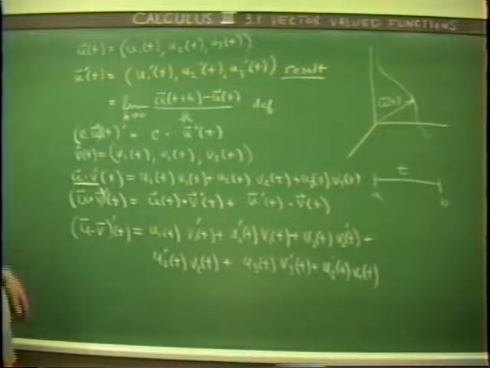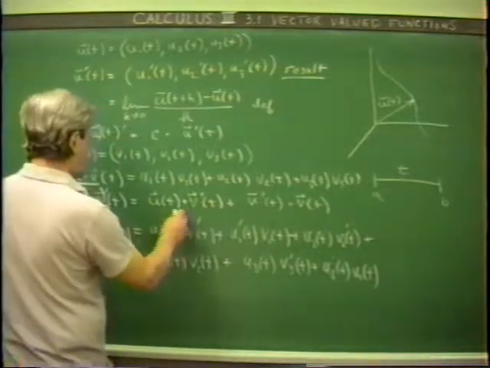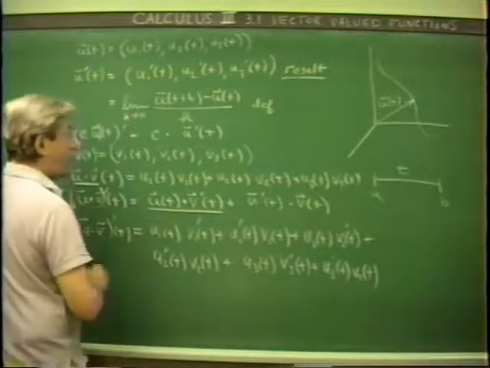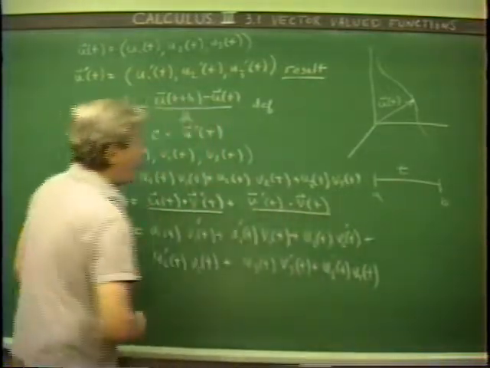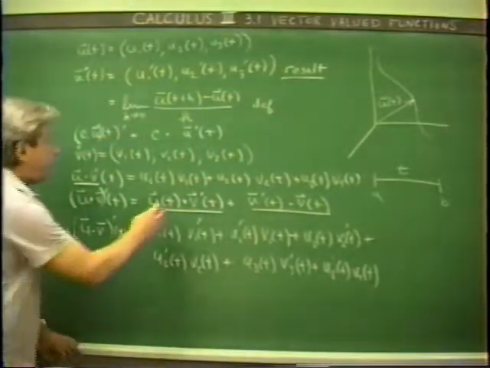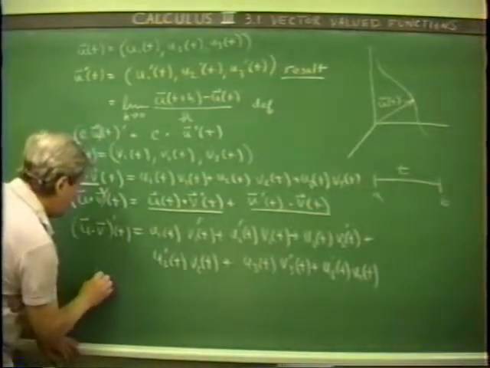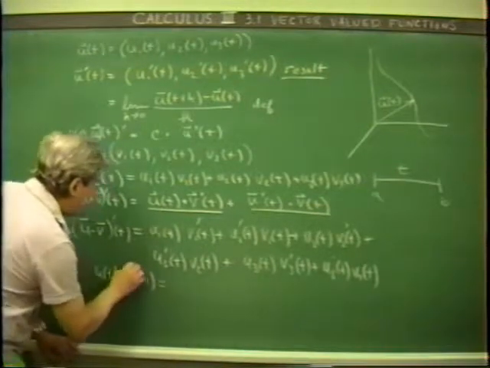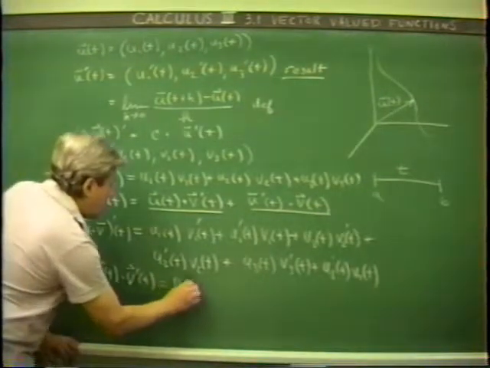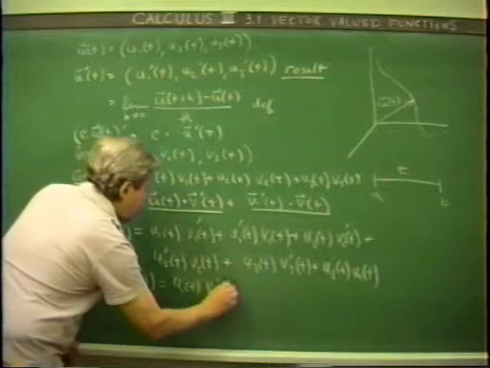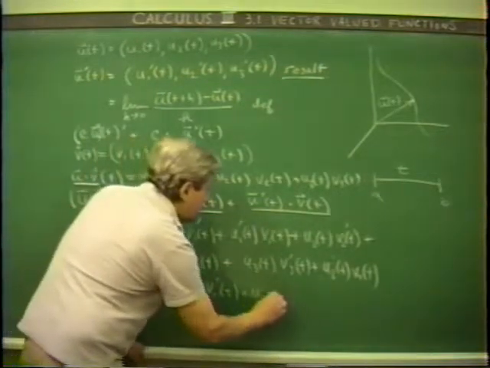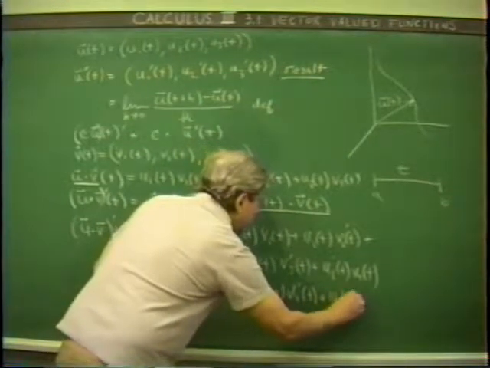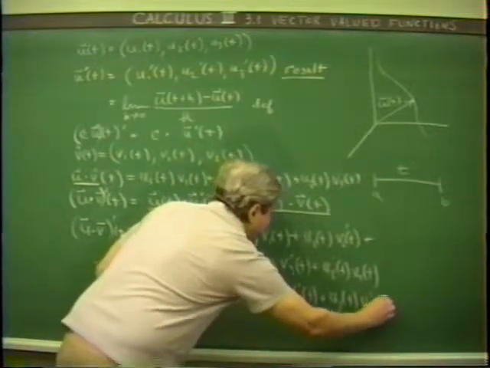Now how about this formula right here? Is this equal to u of t dotted with v prime plus u prime dotted with v? Well, u of t dotted with v prime is going to be u1 of t v1 prime of t plus u2 of t v2 prime of t plus u3 of t v3 prime of t.